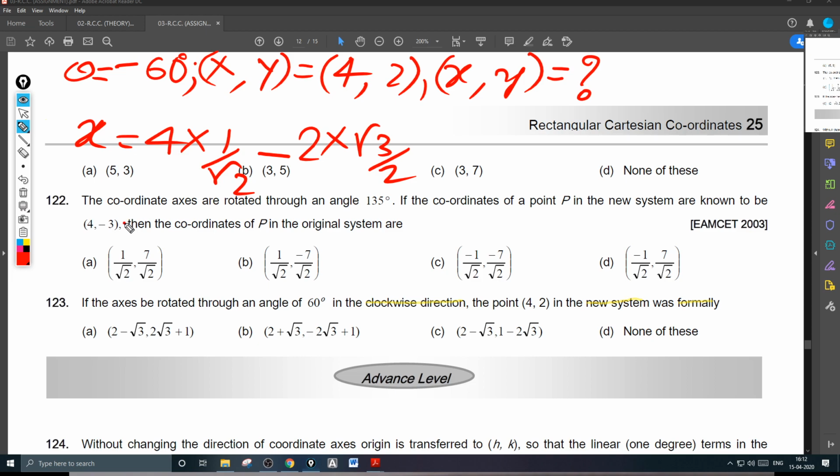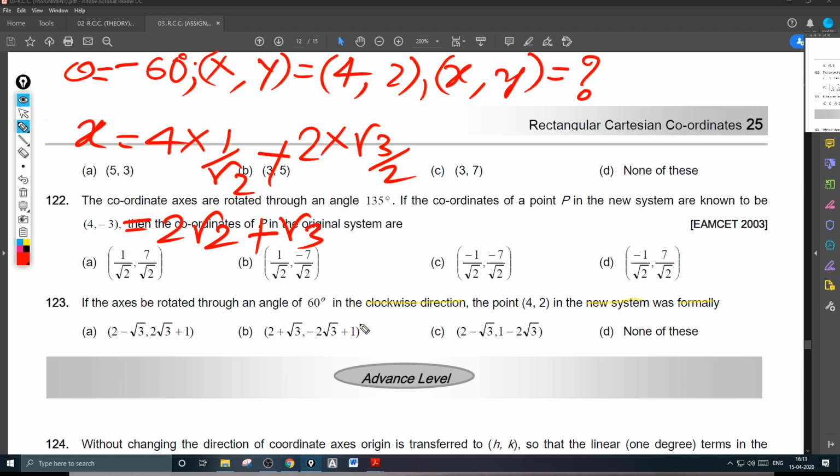So it is nothing but 2 root 2 minus root 3. X cos theta minus Y sin theta, sin of minus 60 makes this become plus. Two root 2 plus root 3.